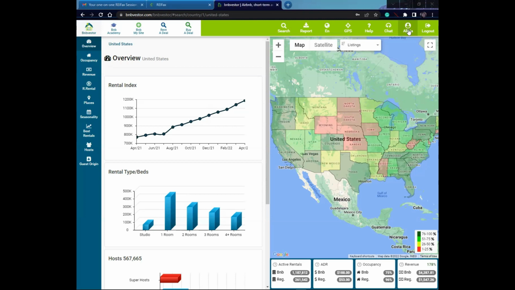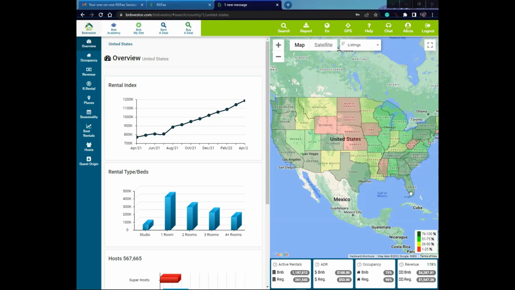When you subscribe to ReFX, if your ReFX account is for one county, whether it's Platinum, Professional, or Professional Dialer, you will have access to the information of BnBvestor for the state of Florida.